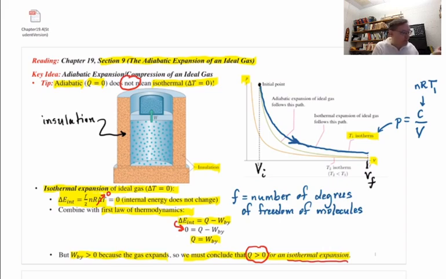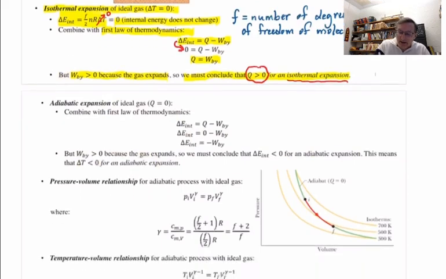Okay? All right. Now let's reset the gas to the initial point. Okay? With the initial volume V initial, that dot there on the PV diagram. But now let's use the apparatus that's thermally insulated so that it is an adiabatic expansion of the ideal gas.